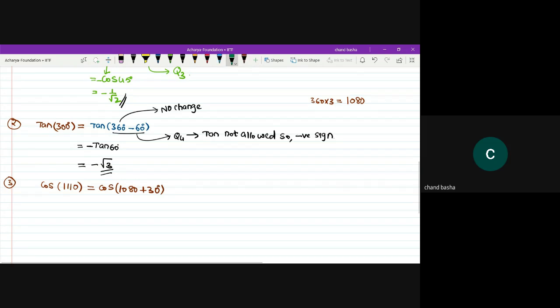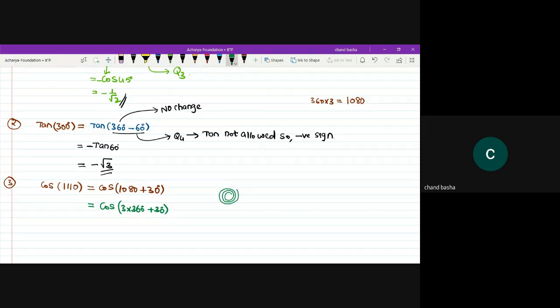So you have to understand this question carefully. I can write it as 3 into 360 plus 30 degrees. It means that to complete one circle, I require 360. Second circle, 720.